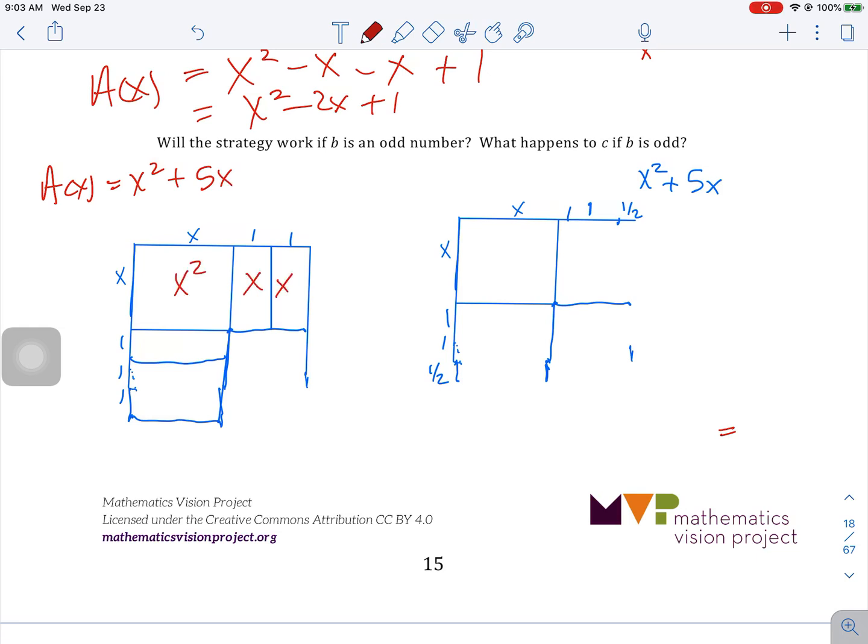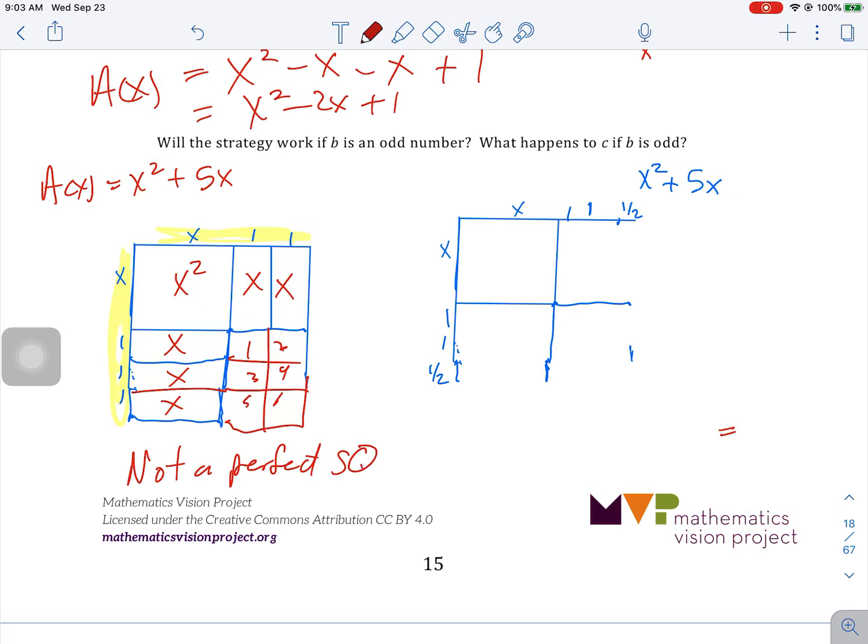So you have x squared, 1 times x, 1 times x, and 1 times x. This is going to be a problem when you try and model it this way. 1, 2, 3, 4, 5, 6, because what you notice is this side and this side are different lengths. So this model is not a perfect square. Okay, and that's because of the side lengths here.